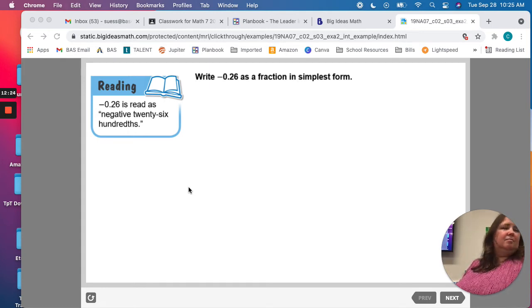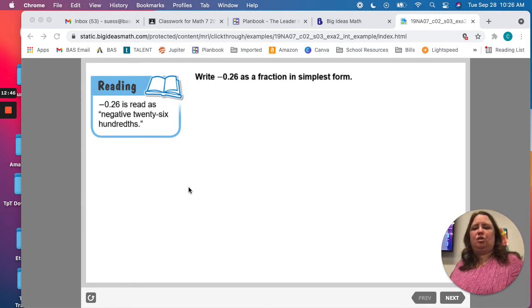There it is. For example, if you have 2/4, you could divide it by 2 and get 1/2. You're reducing. So you're taking whatever fraction is and reducing it to the lowest fraction that you can.